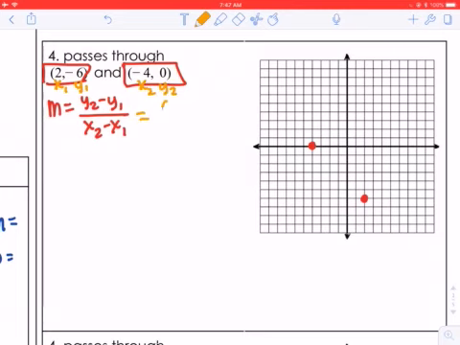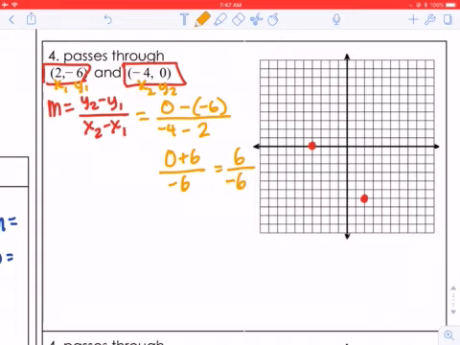So in this case I have 0 minus negative 6 over negative 4 minus 2. So 0 minus negative 6 would be 0 plus 6. That's going to give me positive 6 on top. And negative 4 minus 2 is negative 6. Negative 6 on bottom means that my slope is negative 1.